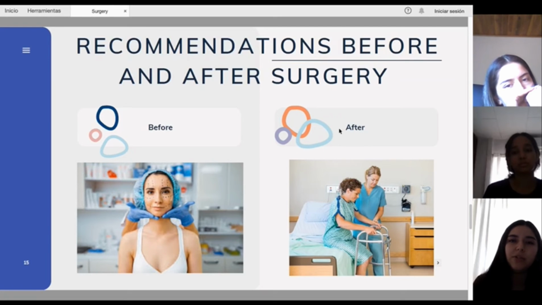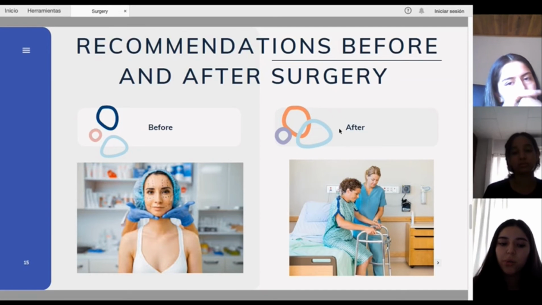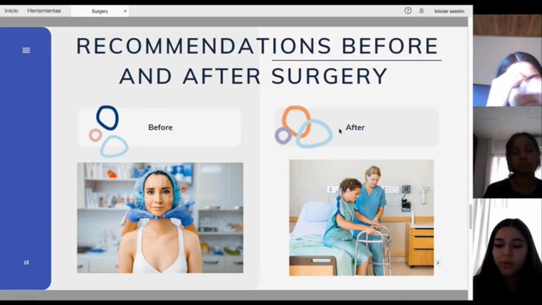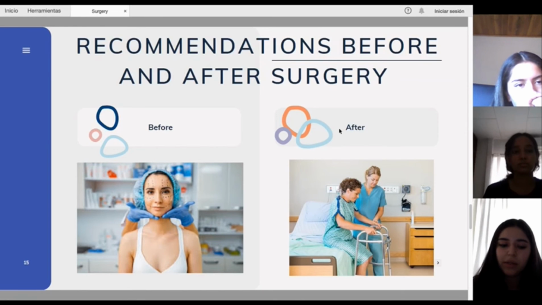Some recommendations after the surgery are to rest, because resting is important for recovery. Not resting will delay your healing time. Ice or cold therapy. Using cold therapy frequently throughout the day will help to decrease swelling. Elevation. Raising an extremity above the level of the heart helps to decrease or prevent swelling. Keep your incision site dry.